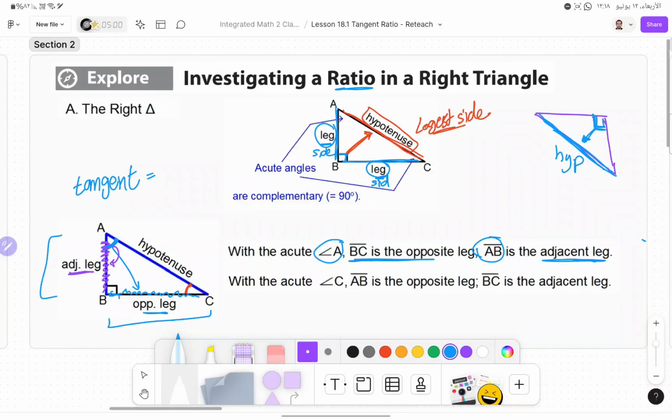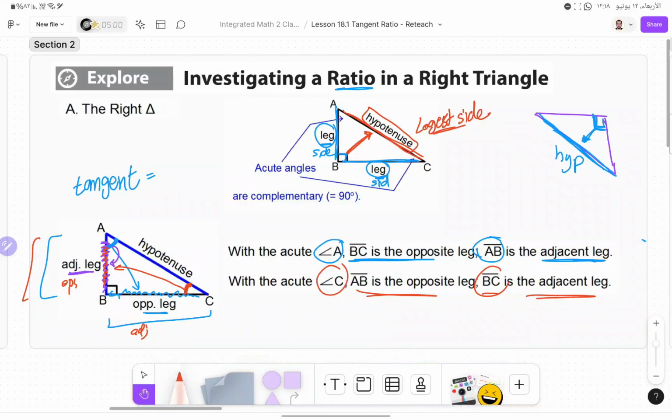Same thing if I'm talking about angle C. Which side is the opposite related to angle C? This one here, so AB will be my opposite, and BC will be my adjacent. Now this is the tangent ratio.